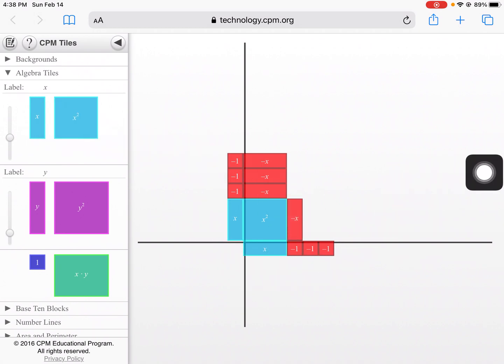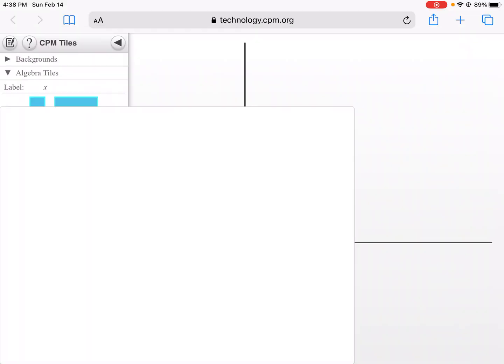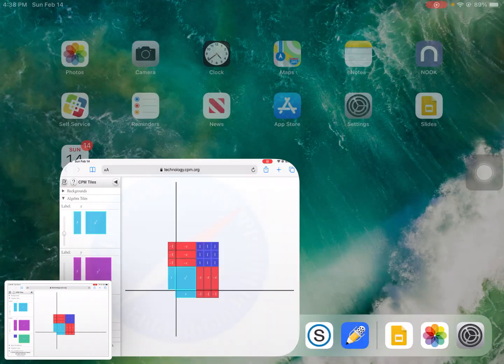That will give me each of these negative x tiles. And then these 3 negative ones times these 3 negative ones will give me 3 times 3 or positive 9. Negative 3 times negative 3 or positive 9 tiles here. So I'm going to fill these in with positive tiles. And there are no 0 pairs in this one, so I'm ready to bring my result over to Notability.